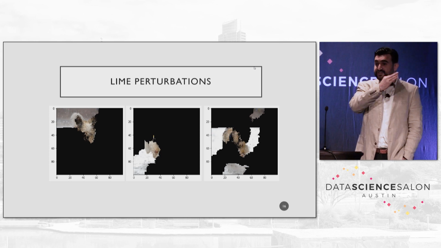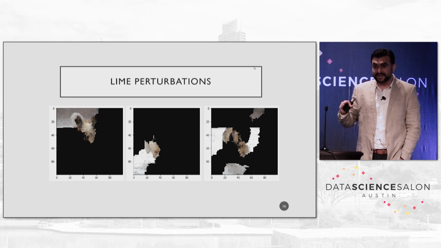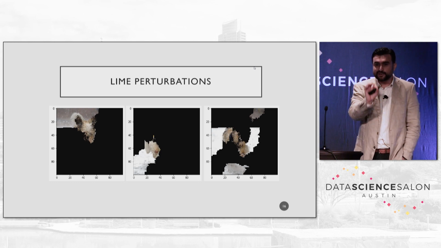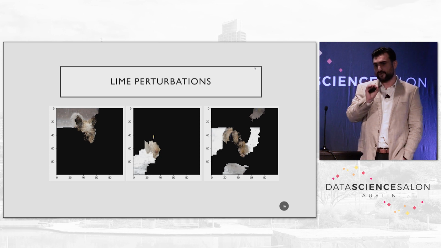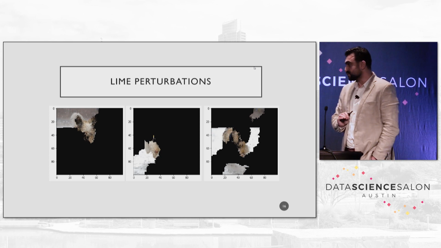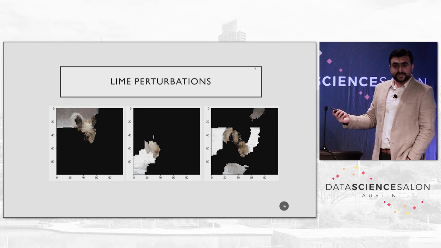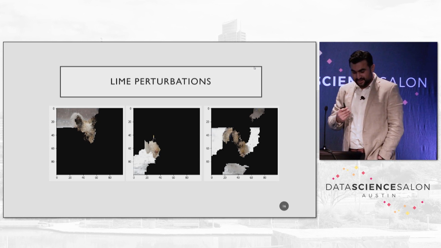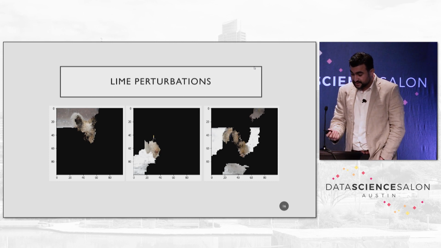Even though the decision boundary can be highly complex and non-linear, LIME explains things locally, in the vicinity of the sample that we give to it. And again, for the code behind this, please stay tuned on maybe my GitHub page or maybe another presentation.